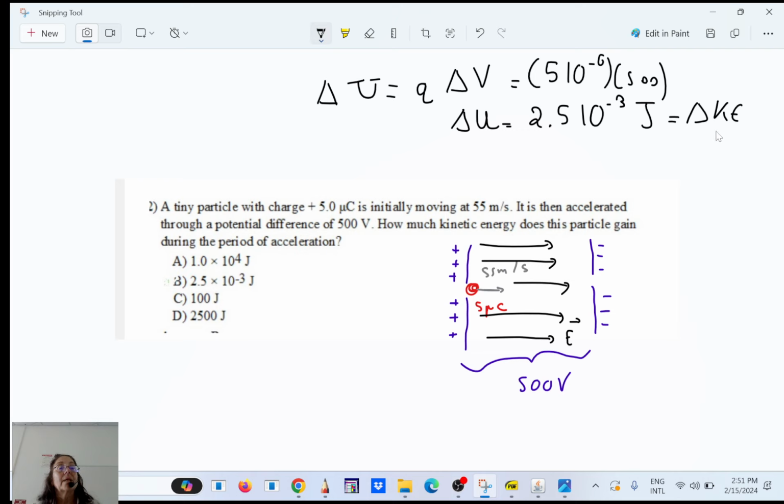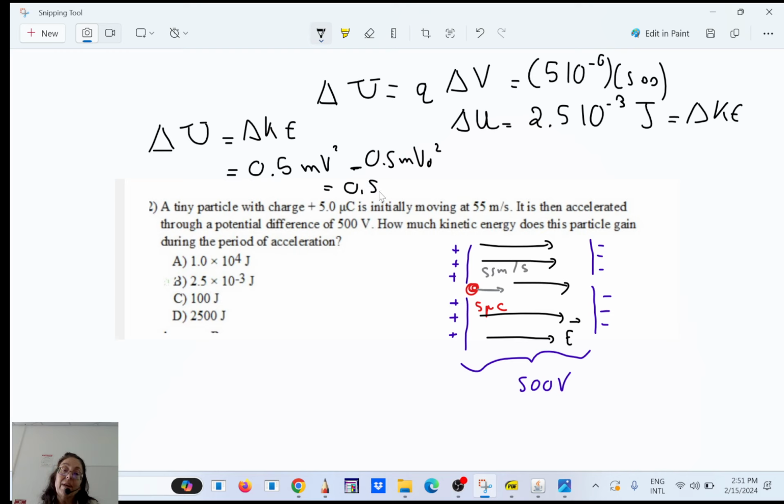Now, if you want to find the final velocity, you have to use this information here. Remember from last semester, the change in potential energy equals the change in kinetic energy, and the change in kinetic energy is the final kinetic energy minus the initial kinetic energy.